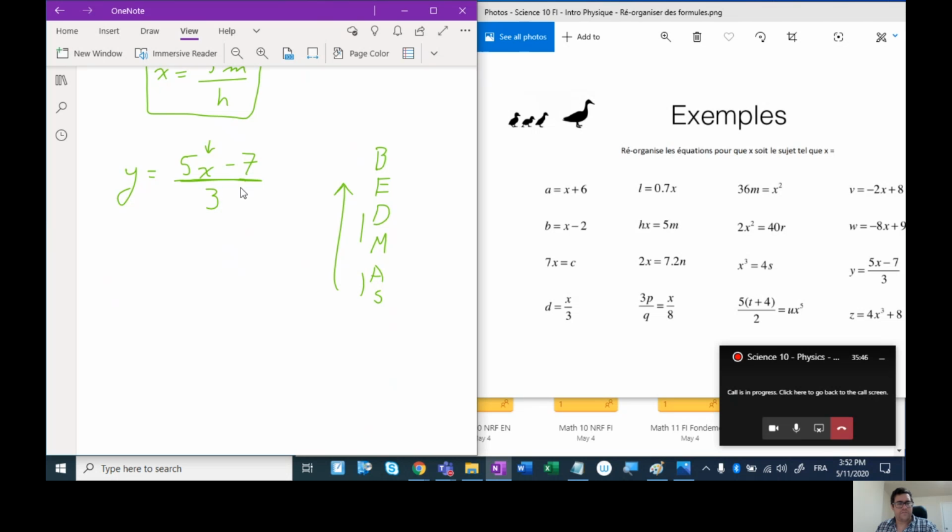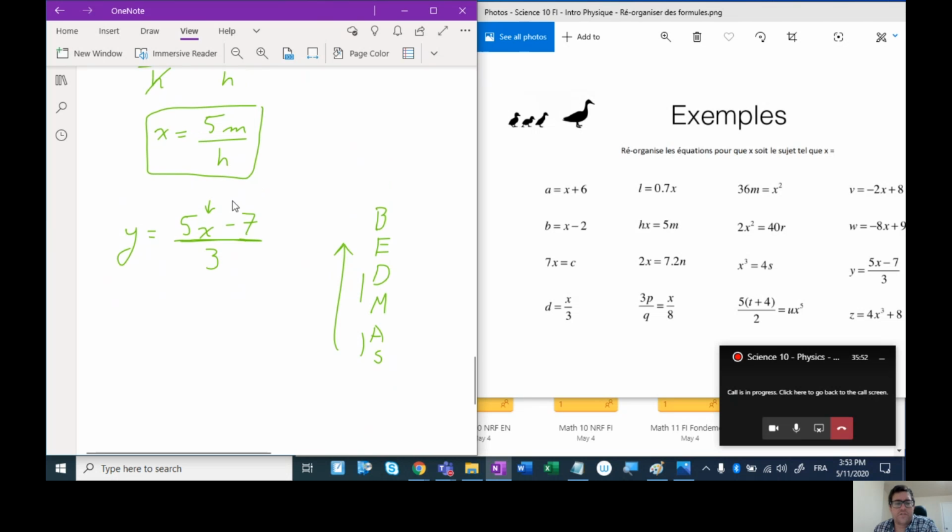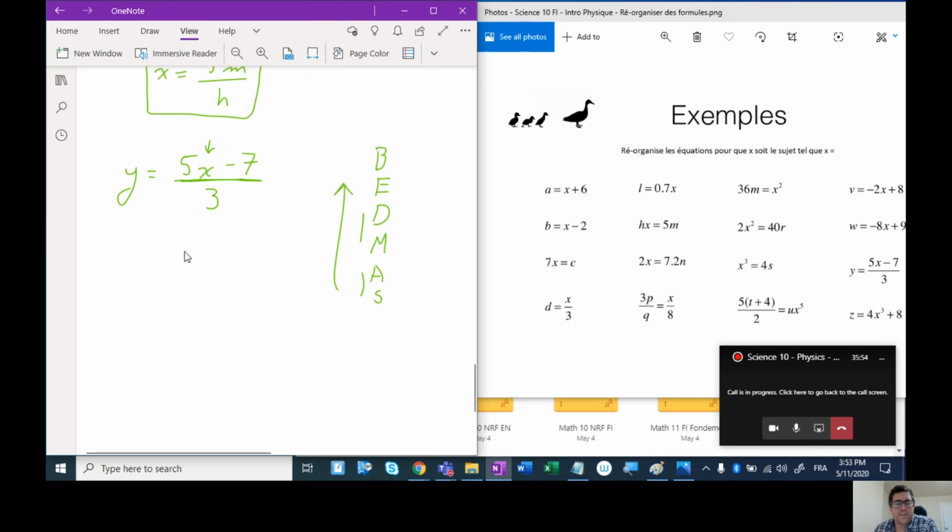We can just get rid of this whole division here. We're saying that y is a third of this top part. So let's put some order into that. What do we have to do to clean around it here?